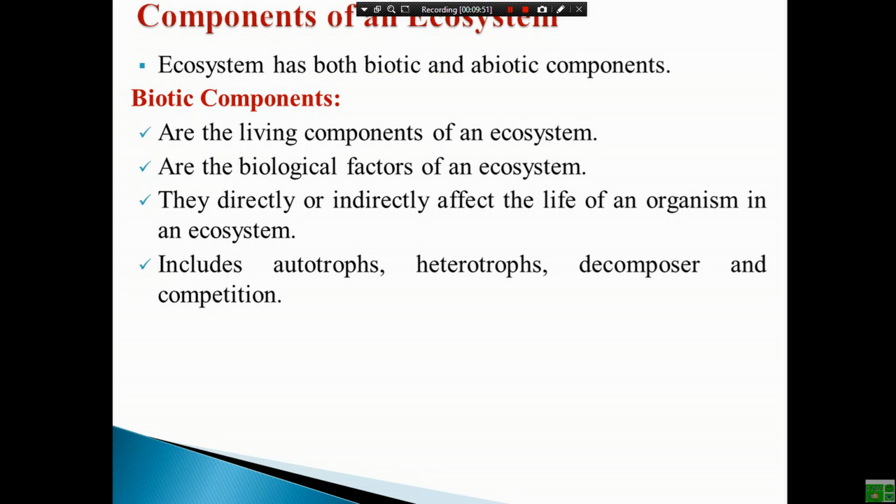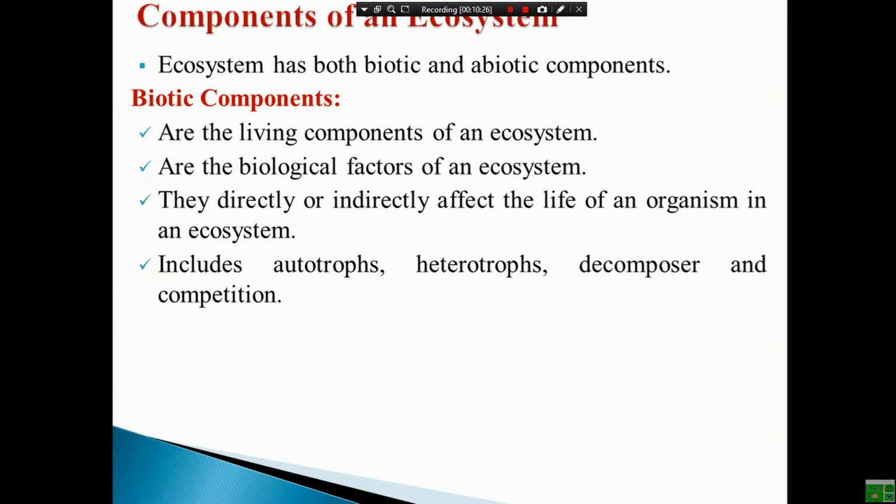Intraspecific means competition between organisms of the same species. They can compete for food, or for territory, or for finding mates. The next type is interspecific competition, which is the competition between organisms of different species. Those are for predation or for symbiotic or mutualistic relationships to live together.